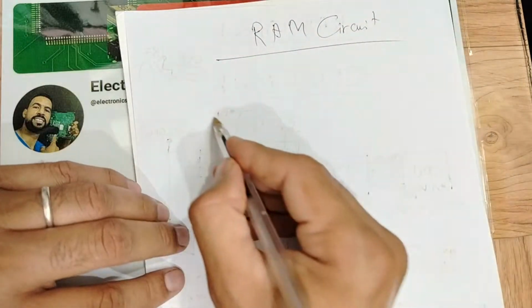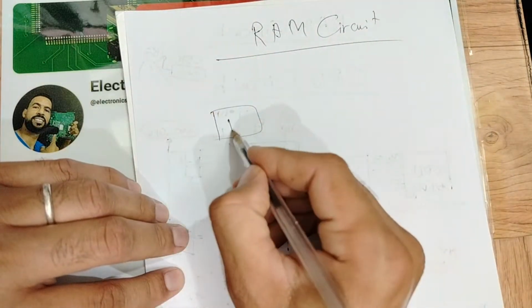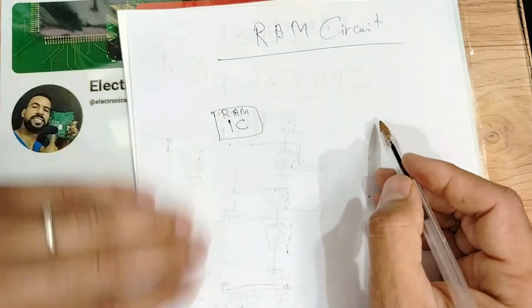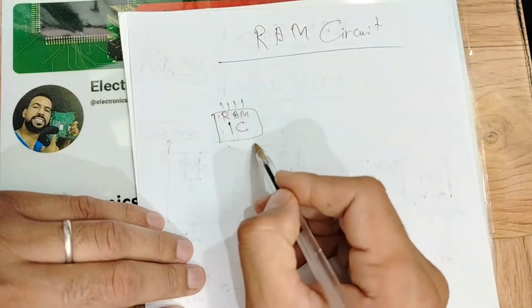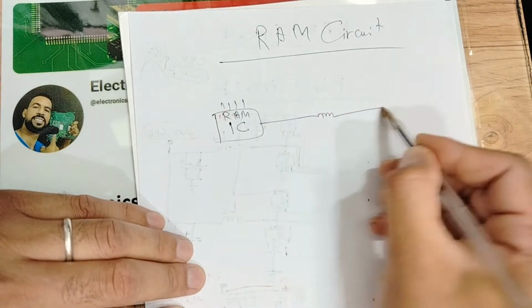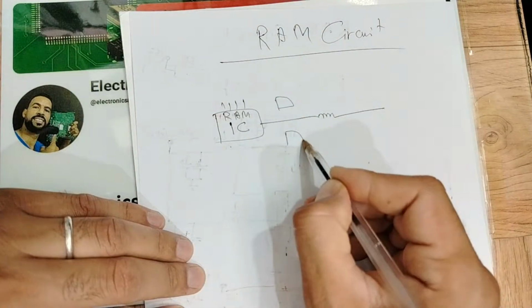Easy for the RAM circuit. We have the IC, RAM IC. Easy. It will receive basically the inputs, and the output will be applied to basically 2 MOSFETs.